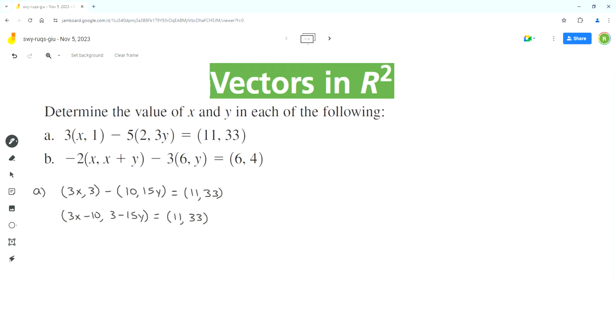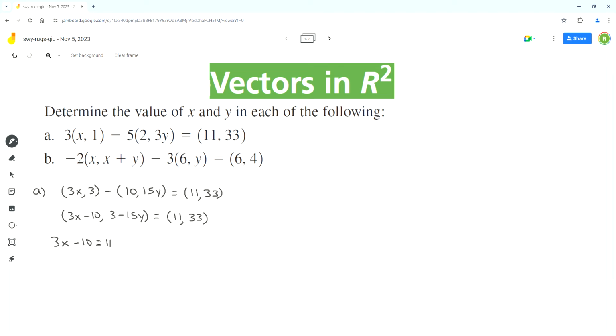So we can use this information to write an equation for their x components and another equation for their y components. So their equation for the x components is, so we can solve for x.